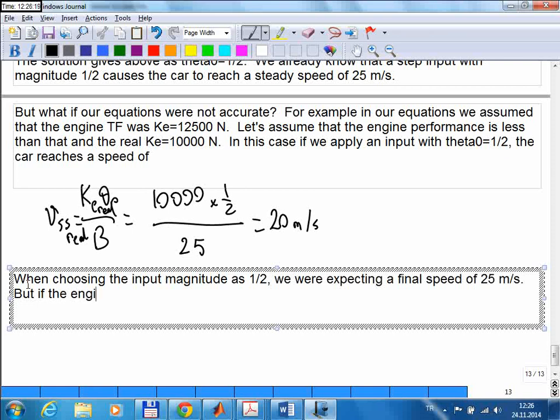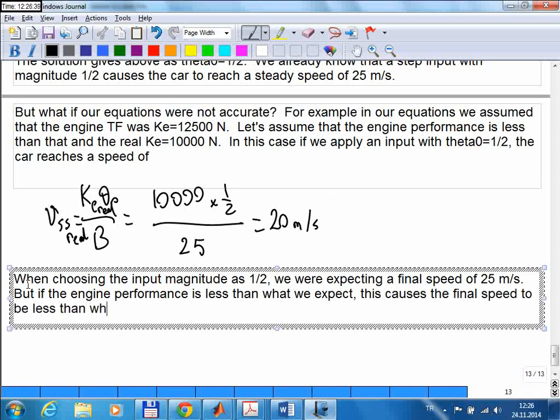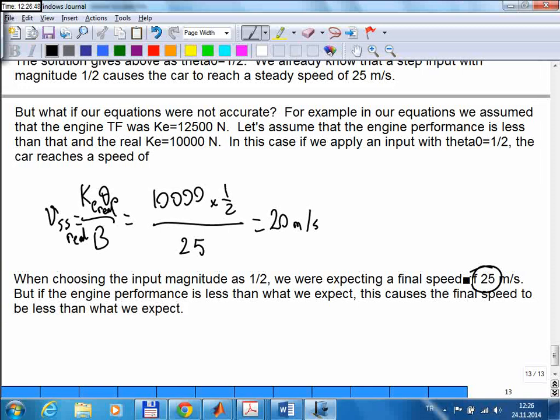But if the engine performance is less than what we expect, this causes the final speed to be less than what we expect, right? So based on our model, we were expecting to reach this as our final speed, but if the engine performance is less than what we expect it to be, this causes the final speed to be less than what we expect it to be. Okay, so this is obviously not a good result.